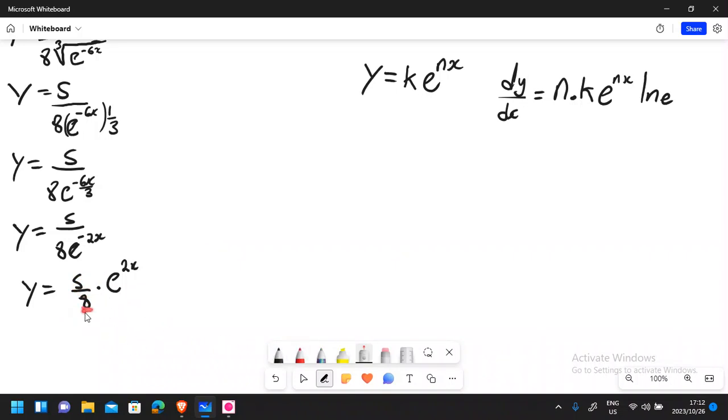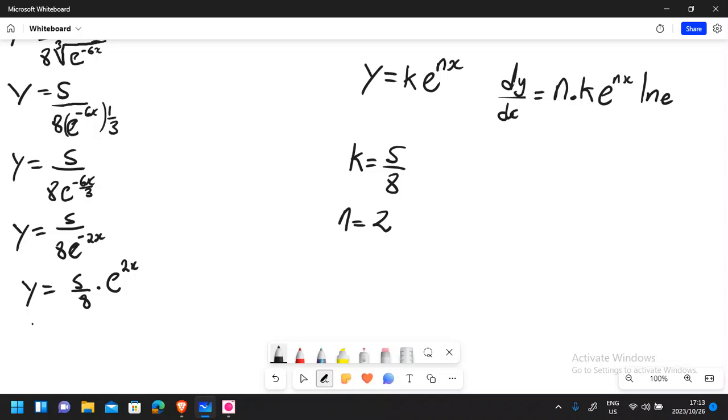This is going to be our k, and that is our n, right? So you can write them here and say k is equal to 5 over 8, and then our n is equal to 2 in this case. Right, so now that we have this, it's easy for us to just substitute them.